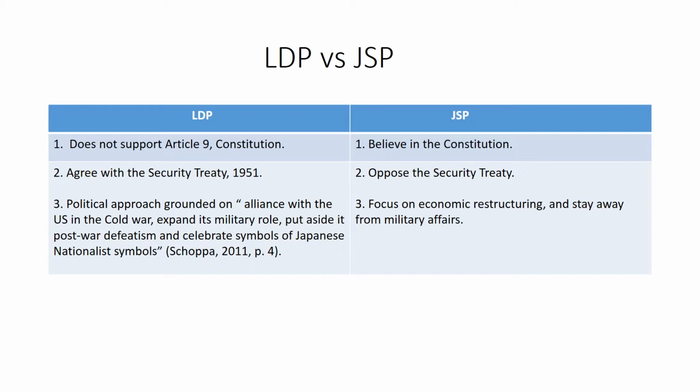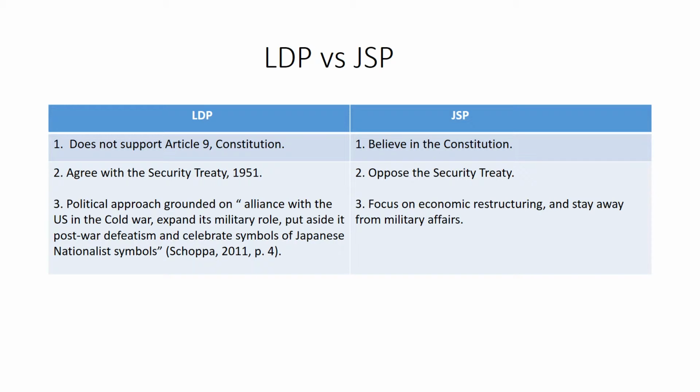While the opposition, the JSP, saw the treaty as a threat to the very existence of Japan, with the US military bases on Japan's ground and the US tension with the Soviet Union, which might create further havoc in Japan.